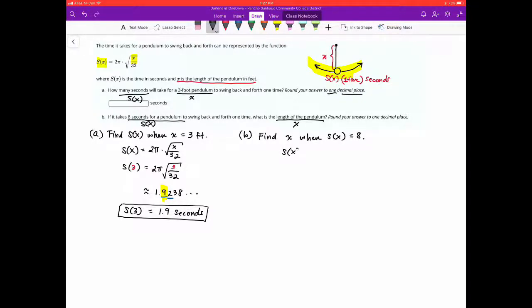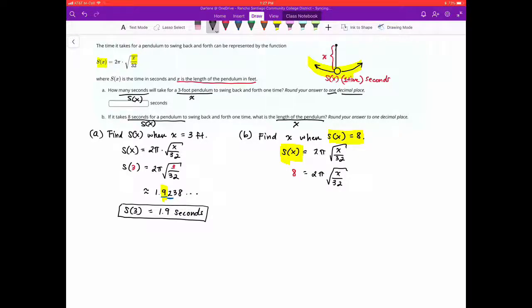I know the function s of x is equal to 2 pi times the square root of x over 32. And if s of x is equal to 8, then I need to replace the entire left side with 8. So therefore, 8 would equal 2 pi times the square root of x over 32.